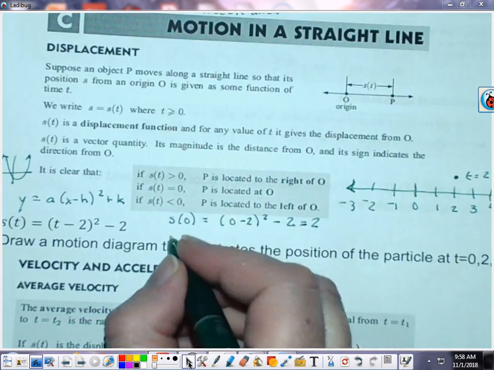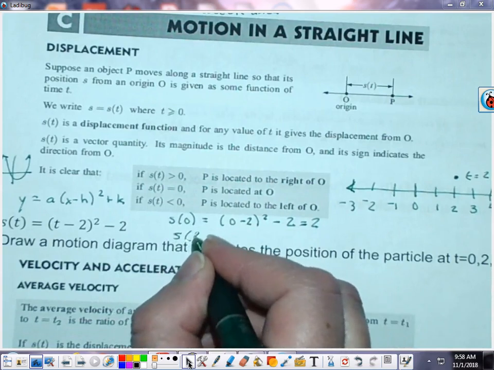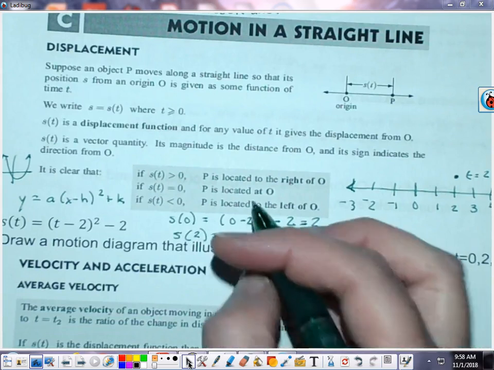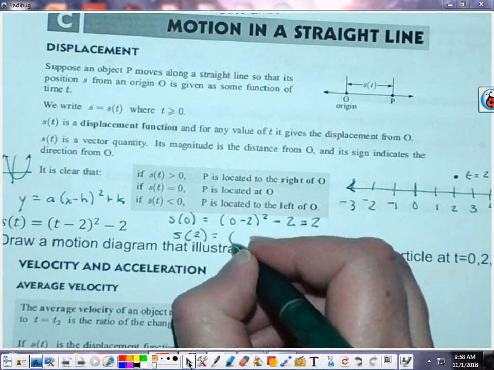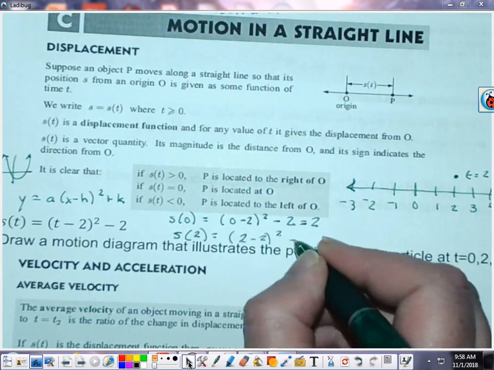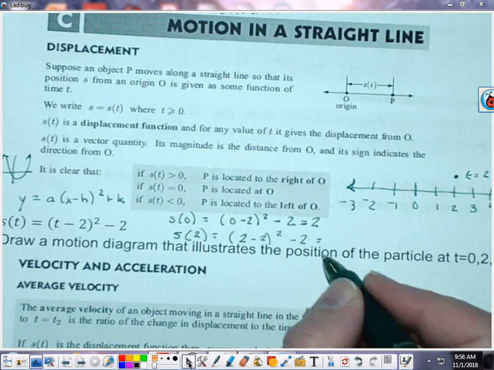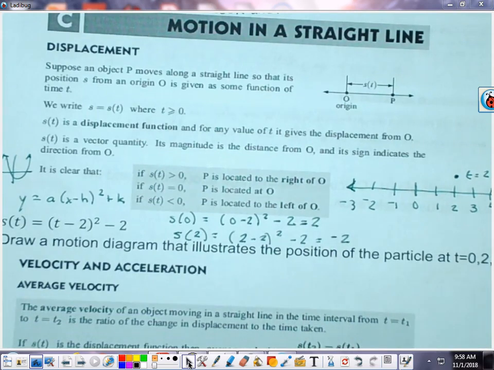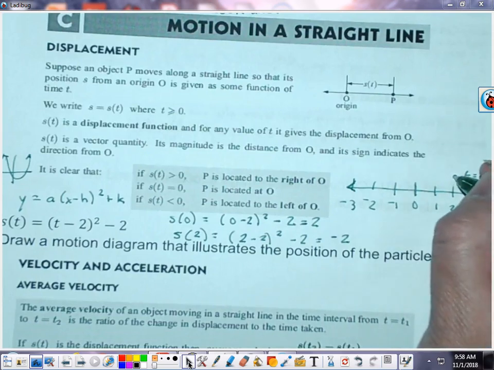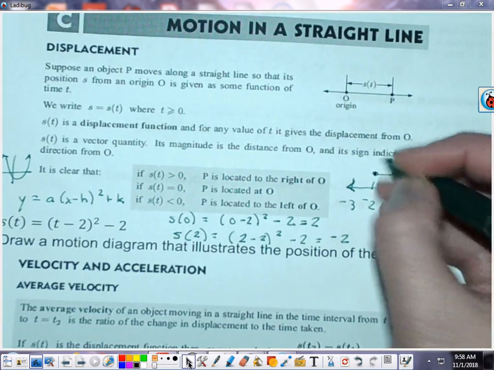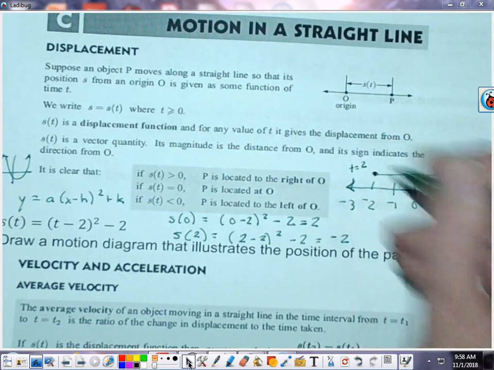Okay, so basically the next point I'm going to substitute in is 2, because it's going to go the same direction until the vertex, and that's when it's going to change direction. So I kind of know that ahead of time, but let's put in 2. And so you get 0 minus 2, which is negative 2, which shouldn't be a surprise to us because we just said the vertex was 2, negative 2. So it's going to go to the left until it gets to negative 2, and that's at time equals 2.